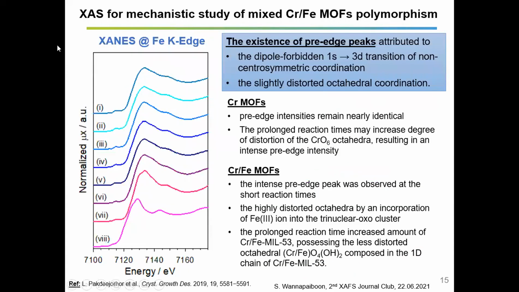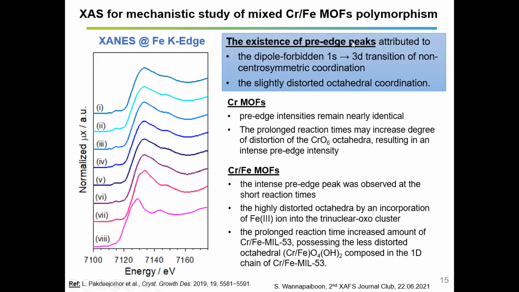Another consideration: if we go to the same spectra at the iron K-edge of the mixed-metal chromium-iron MOF, it is quite obvious that the pre-edge is formed in all cases, with similar patterns. So chromium-iron MOF basically has the mu3O structures that get structural distortion within the metal clusters.